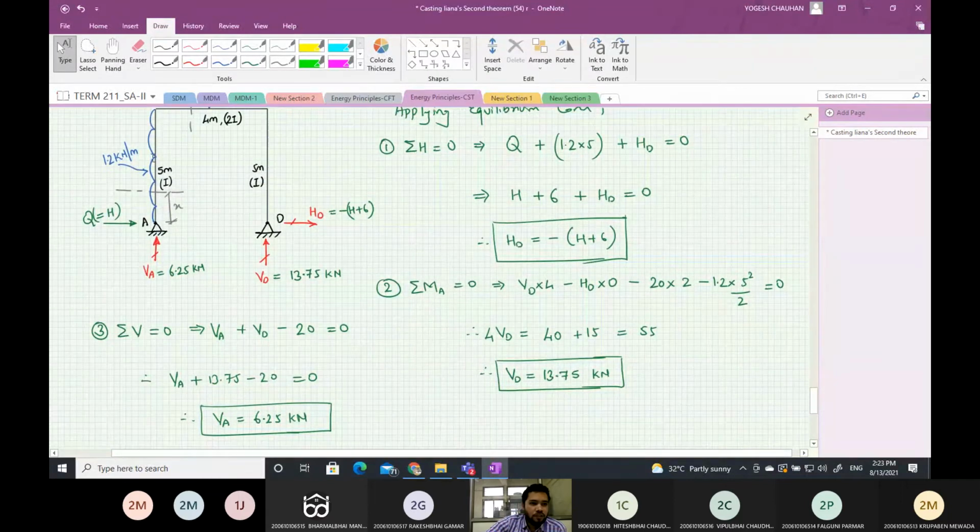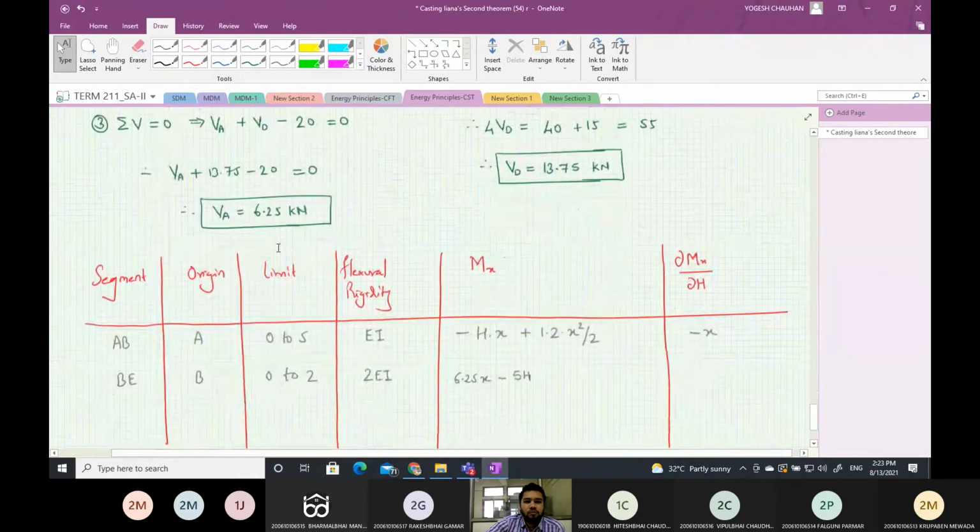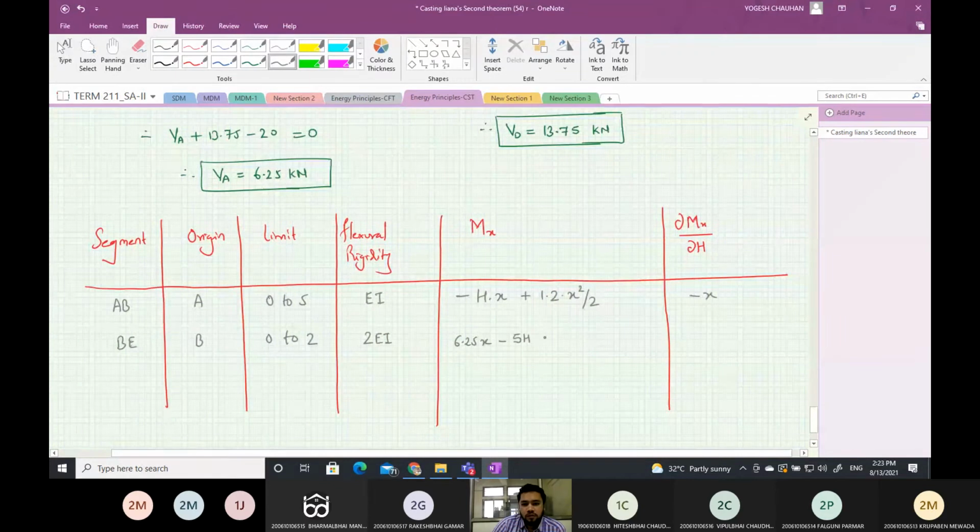Then this UDL will again cause anti-clockwise moment about this section. So it will be minus 1.2 into pi, which is the load, multiplied by pi by 2.